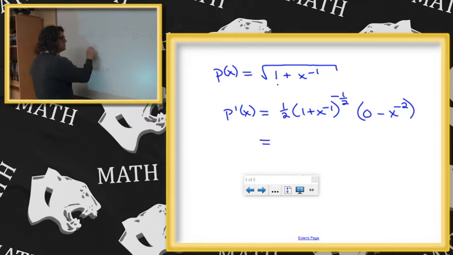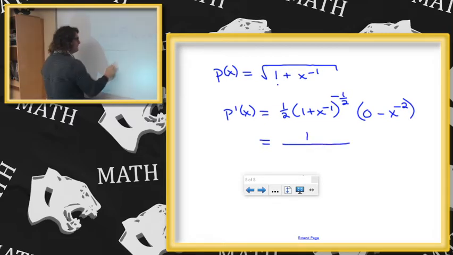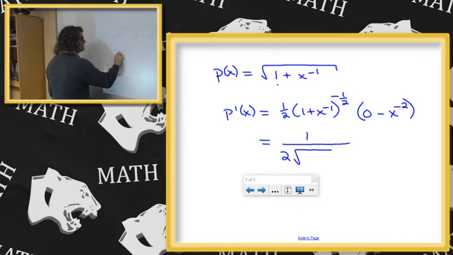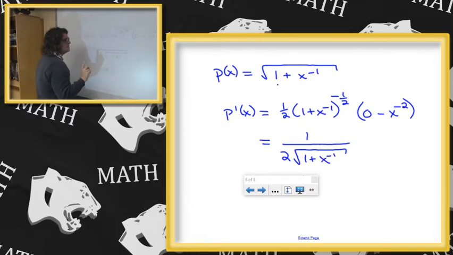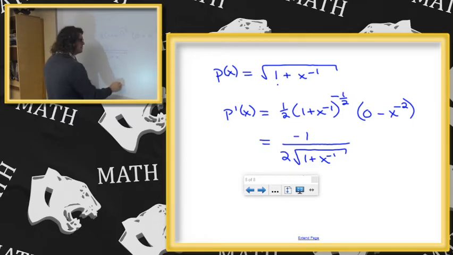So this is going to be equal to 1/2 square root of 1 plus x to the -1, and then times negative x to the -2, which is the same thing as an x squared down here.